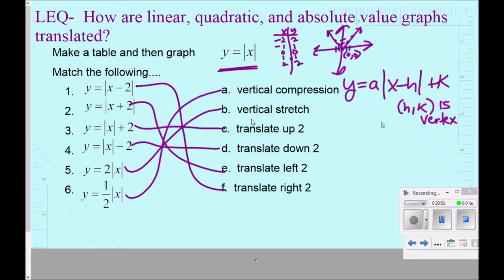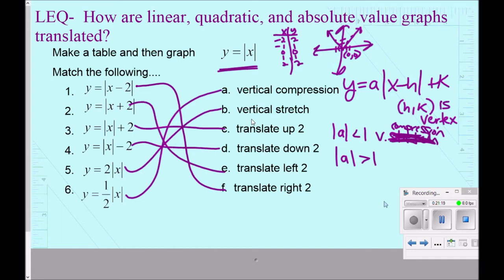A is the exact same as it was with linear. If the absolute value of A is less than 1, that's a vertical stretch. And if the absolute value of A is greater than 1, whoops, I have that backwards. Strike that. Less than 1 is the vertical compression. I said those in the opposite order in the last example.